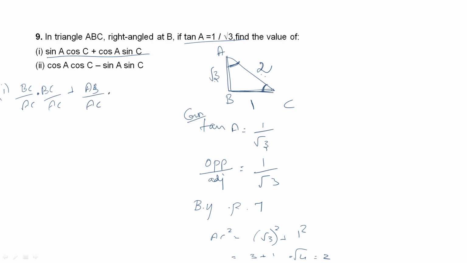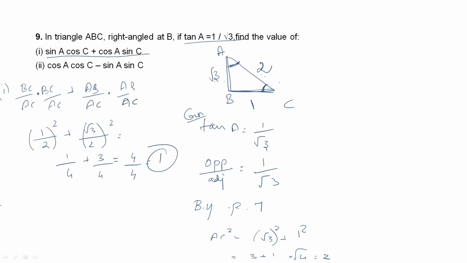And sin C is opposite by hypotenuse, so again AB by AC. So this we can do with squares. BC is 1 by AC 2 whole square plus AB root 3 by AC 2 whole square. So it's 1 by 4 plus 3 by 4, 4 by 4. 1 is the answer for the first one.